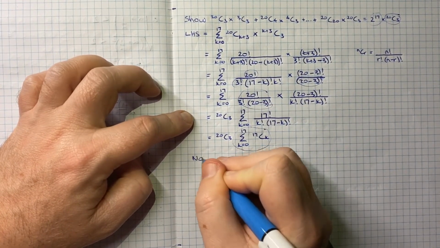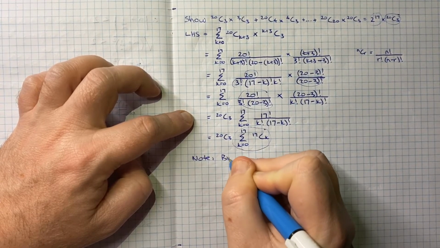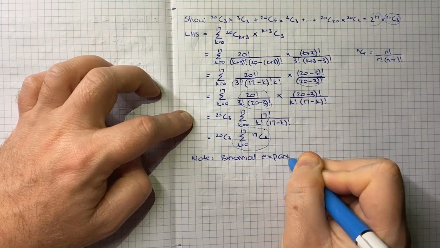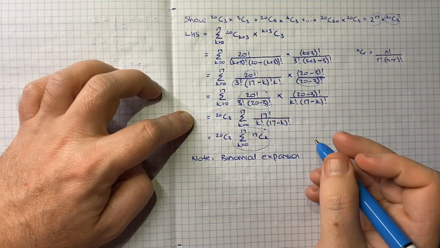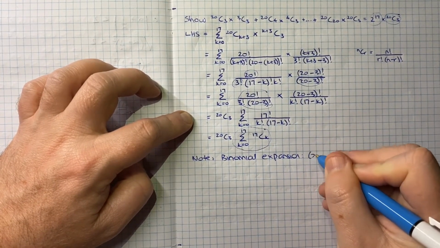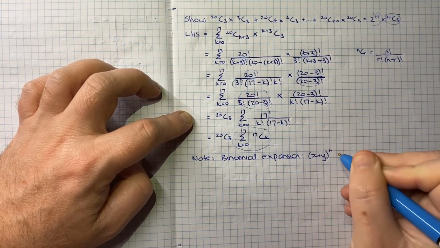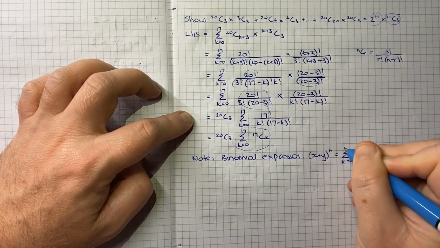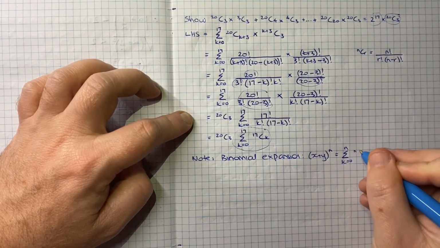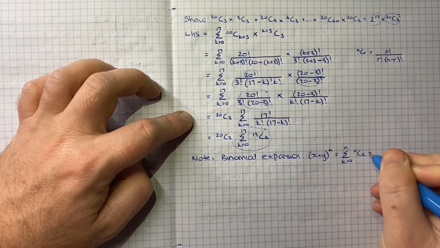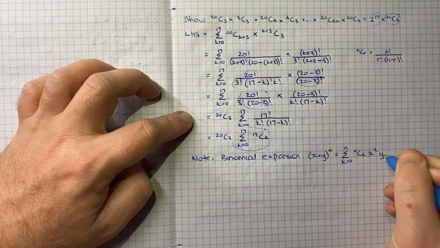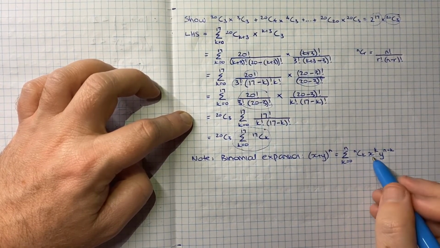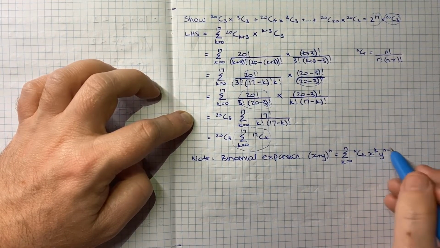So let's note that our binomial expansion in most generic terms says that (x plus y) to the n is equal to the sum from k equals 0 to n of nCk x to the k, y to the n minus k.